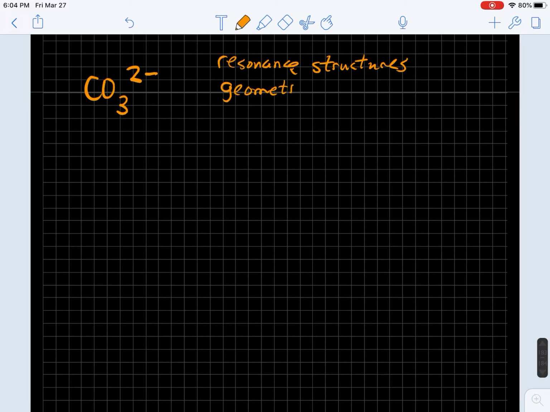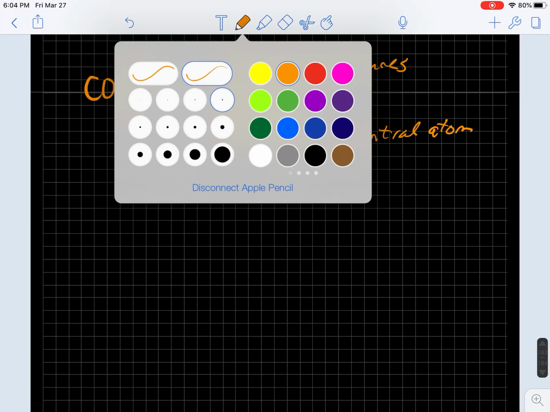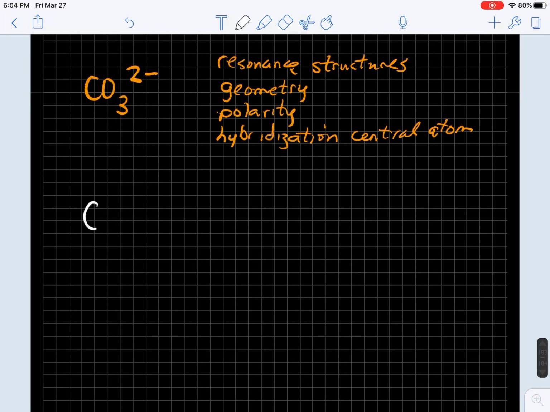Give me the geometry, the polarity, and the hybridization on the central atom. And I will pause and wait for you. Okay, I waited long enough.